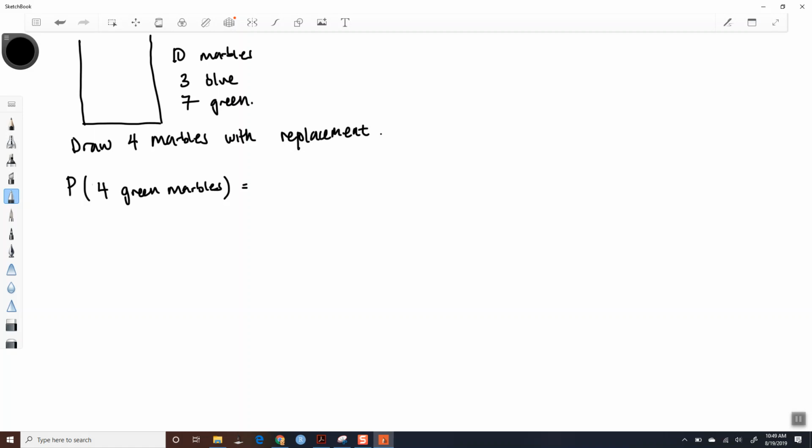If you just had to write an expression with like a raised to some power, what would you write? So this will be probability of green times the probability of green times the probability of green times the probability of green, right?